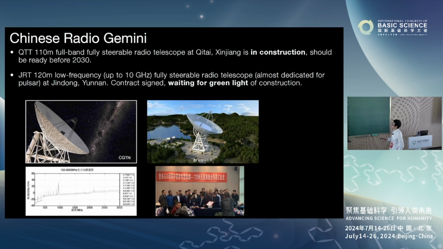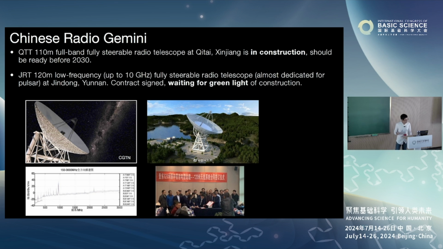The other is in Yunnan Jingdong, which is quite southern. So with these two telescopes we can access many more radio pulsars in the southern sky. For the Jingdong radio telescope, I think the contract is signed. However, we are still waiting for a green light, but I think the good news is coming.